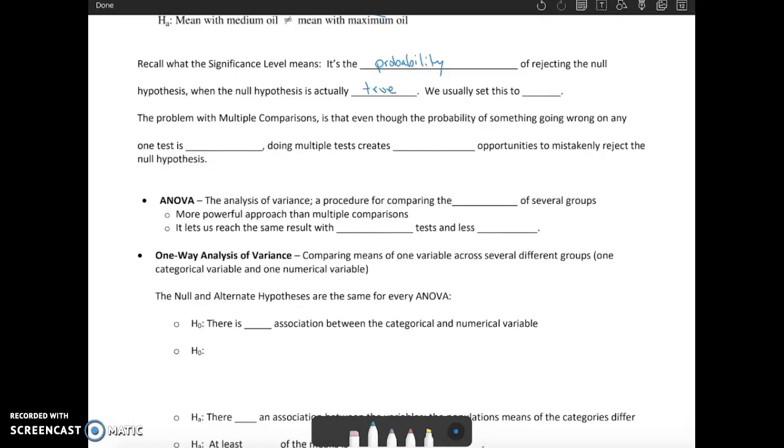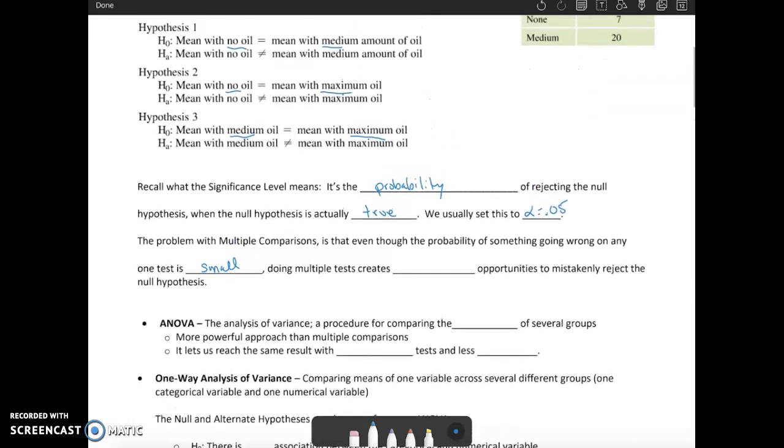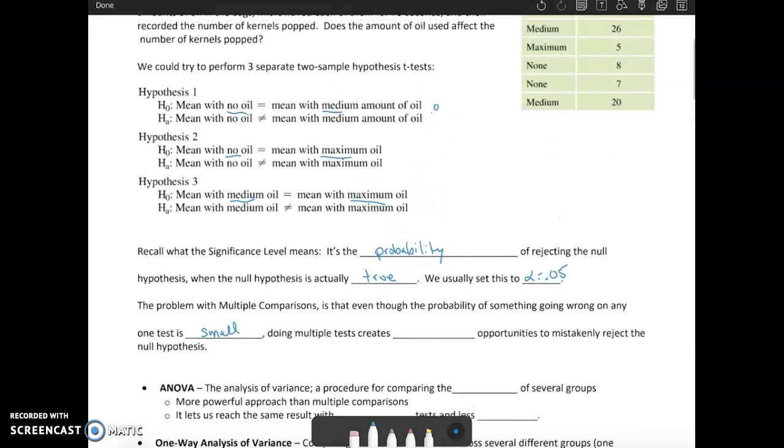We usually set that to alpha equals 0.05, although other levels are used sometimes. The problem with this multiple comparison method is that even though the probability of something going wrong on any one of the tests is pretty small, maybe we set it at 0.05 for each one of these.